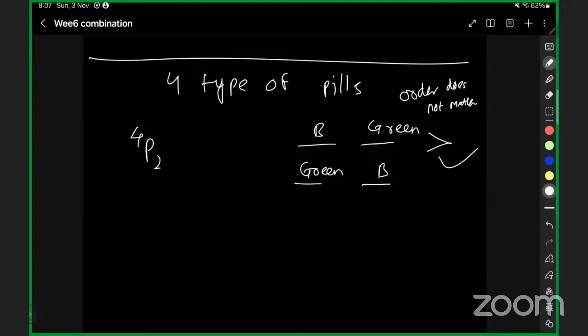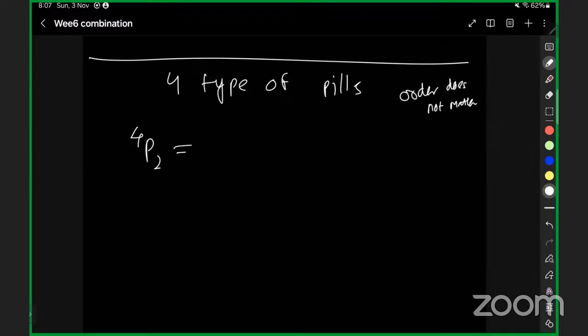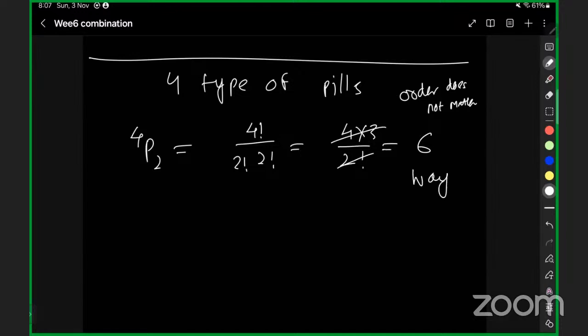I mean these two things are the same. So let's say she took black and green, then black and blue is there, black and pink. So this way she can take pills. So it has to be different. And you have four types of these. So how will you do it? What is 4C2? 4 factorial by 2 factorial into 2 factorial. So you'll get 4 into 3 by 2 factorial, which is 6. So 6 ways to take 2 pills out of 4.